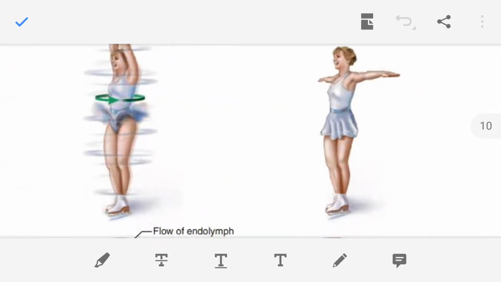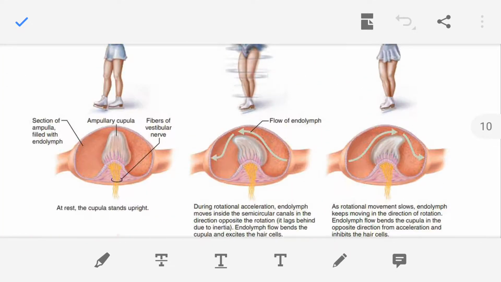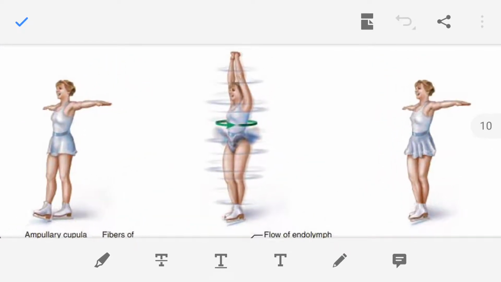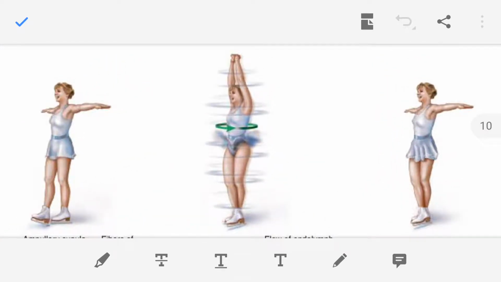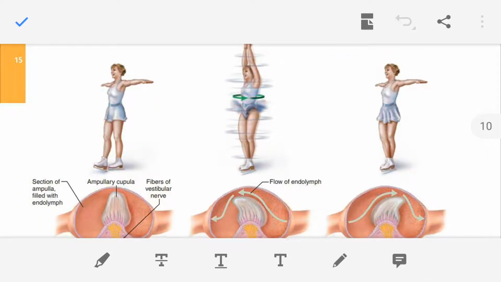This is the third position, and now here the girl was dancing with her full energy, and after some time she is going to decrease her speed of dancing.